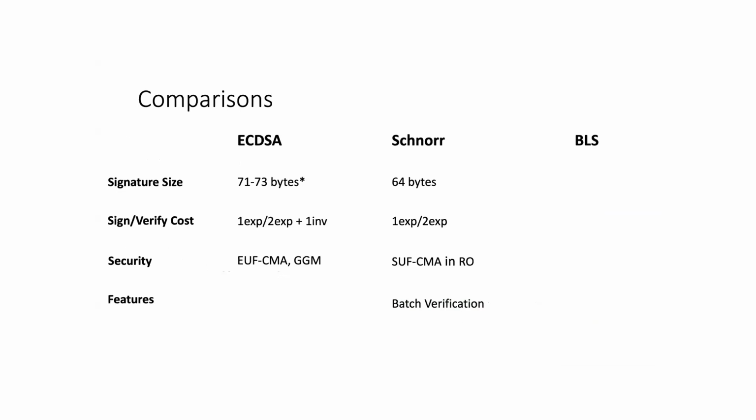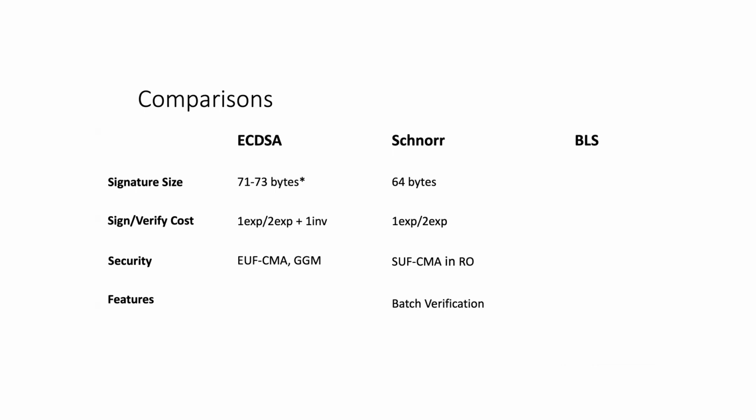I'm trying to draw some comparisons between ECDSA and Schnorr, and I'm also going to add BLS to the picture. Specifically for the case of Bitcoin, ECDSA signatures are larger. Signing and verification cost is pretty similar.